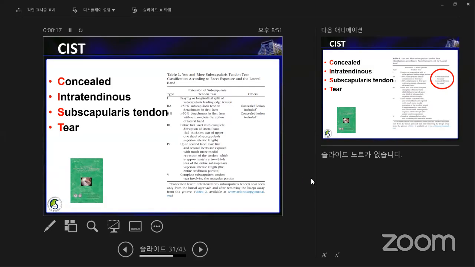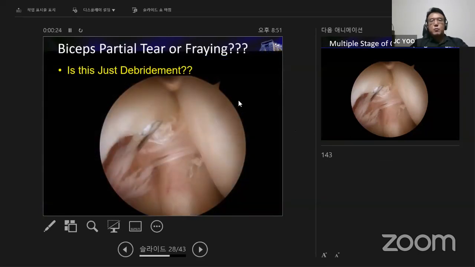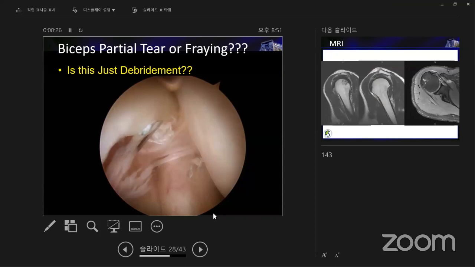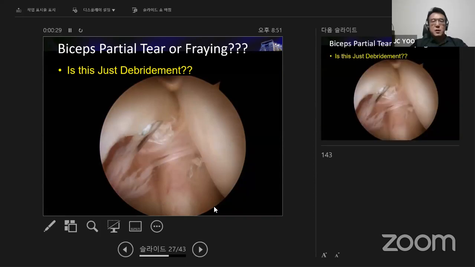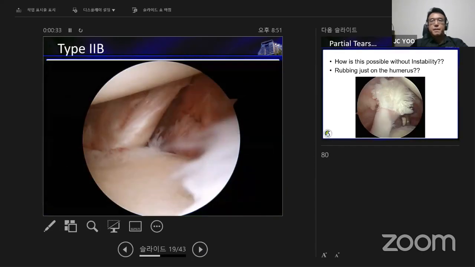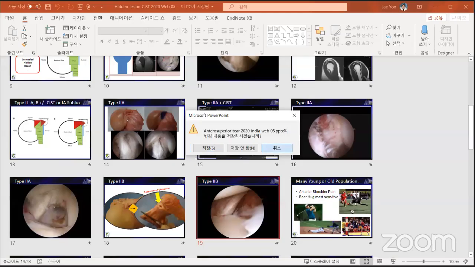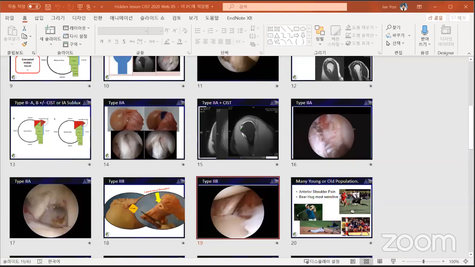I have two monitors. Where's my first slide? In the PPT, when you say presentation, there's a presenter's view. If you unclick it, it will show you only a single screen.